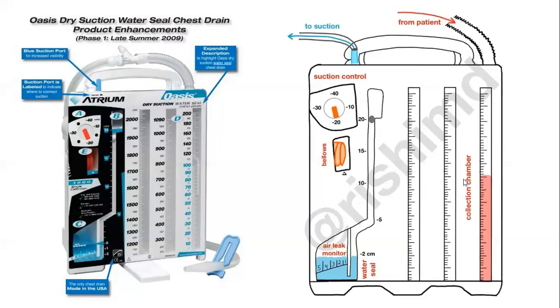Like when you are working as an RN on the night shift, keep a note and always keep a record of the drainage. Every 8 hours or every shift, we measure the amount inside the collecting chamber.